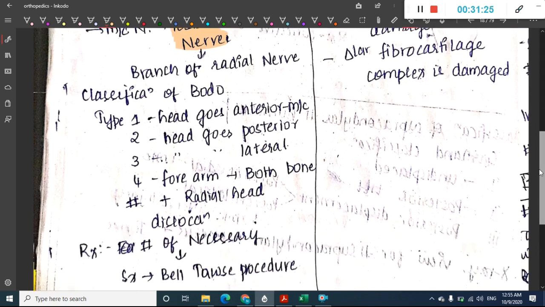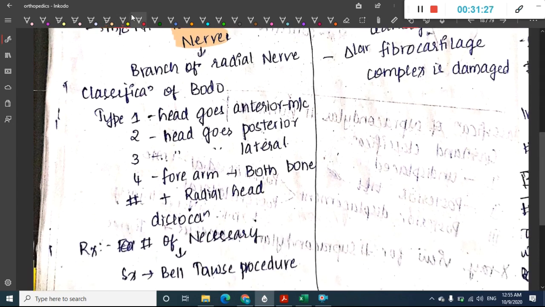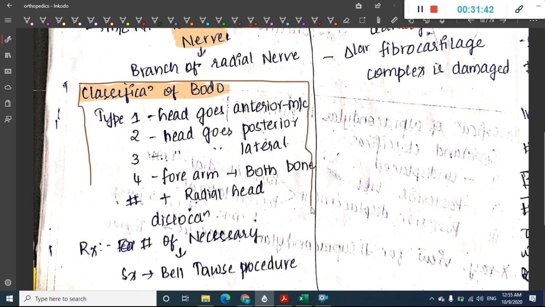The most important classification that we have to learn in this Monteggia fracture is the Bado classification. It has 4 different grades. Grade 1 tells us that the head goes anteriorly. Grade 2, which is most common, tells that the head goes posteriorly.